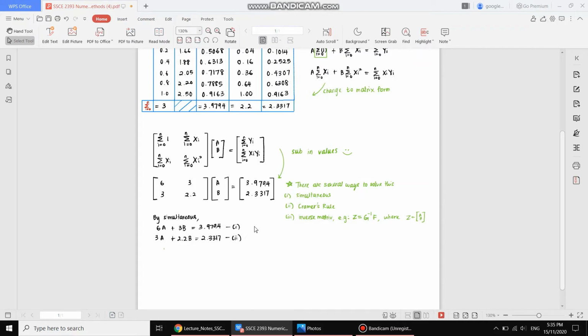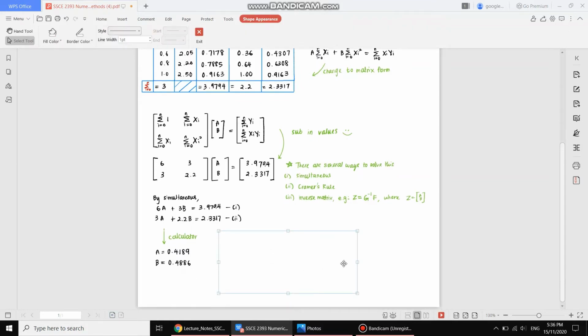So we form equations 1 and 2 by simultaneous, and then from the calculator we obtain the value a equals 0.4189 and b equals 0.4886.